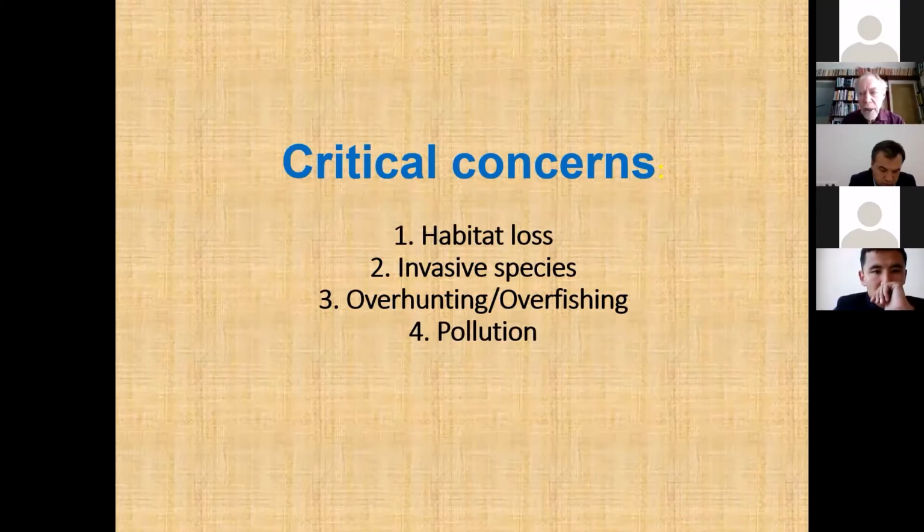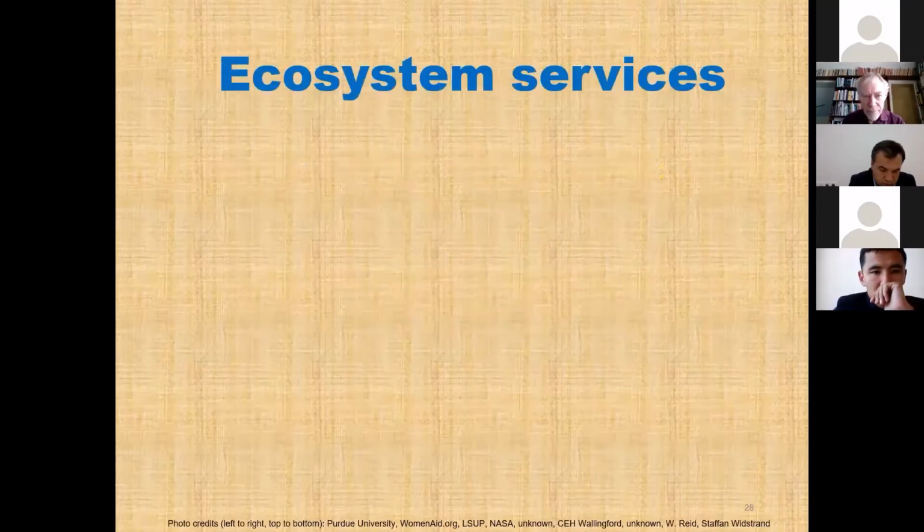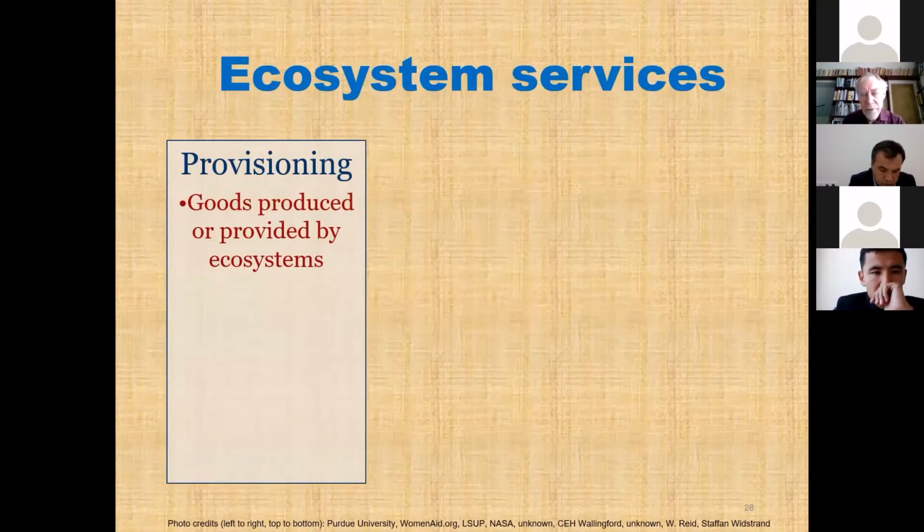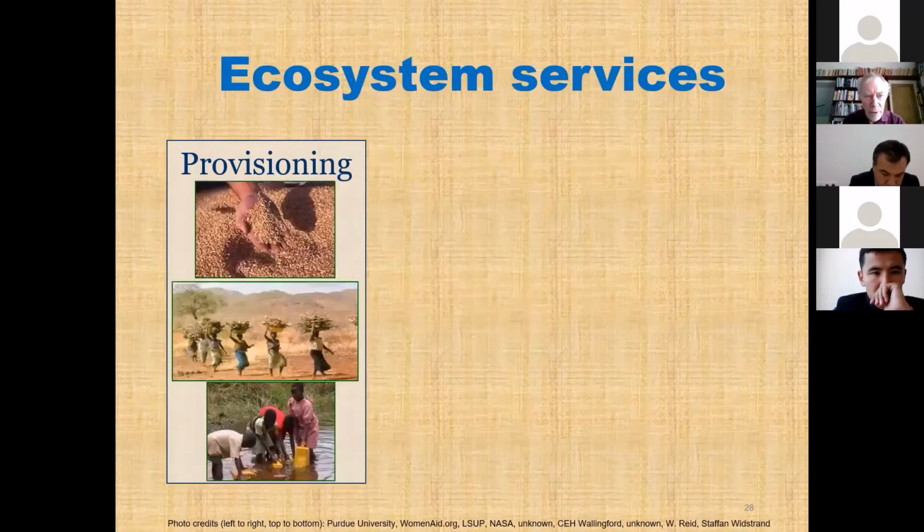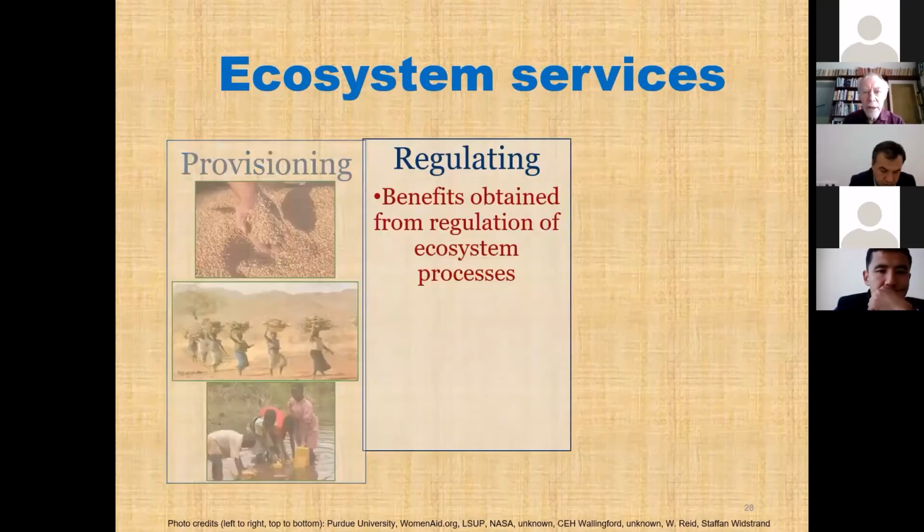Well, we should look at ecosystem services. These consist of 3 different kinds. So provisioning services, the goods produced and or provided by ecosystems. We know the crop, of course, what we eat and live from, the fiber, which we use for building things or making clothes, for example, cotton, and so on. Regulating services. They regulate ecosystems, these services.